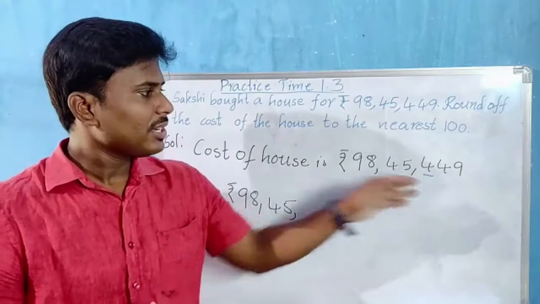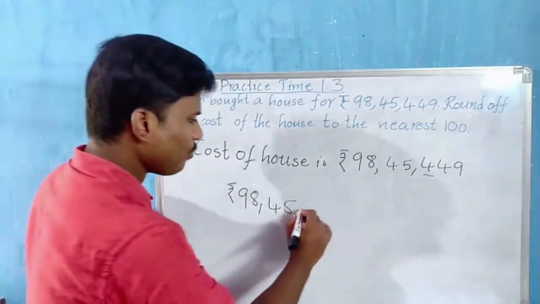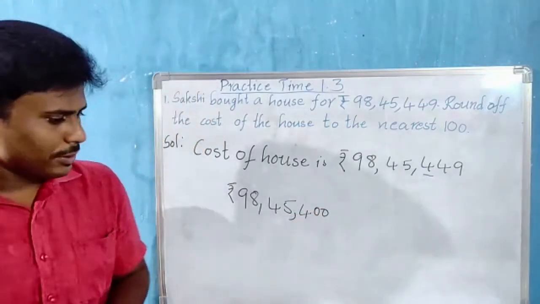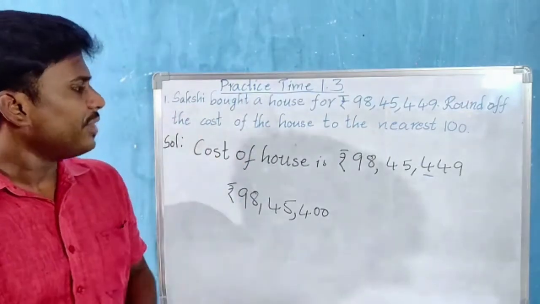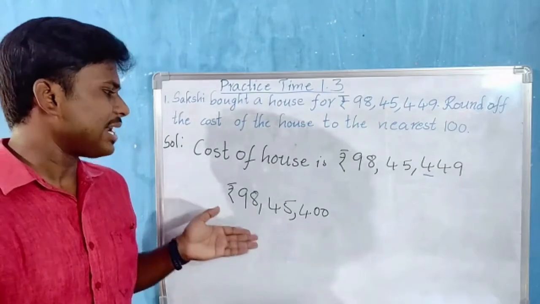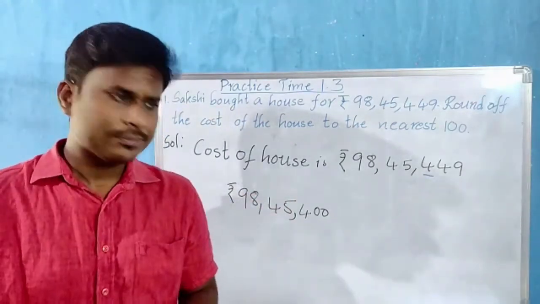We have to keep the digit in the rounding place as it is. So 4, and place zeros. Okay, like this. So the cost of the house to the nearest hundreds will be rupees 98,45,400. This is the nearest 100.